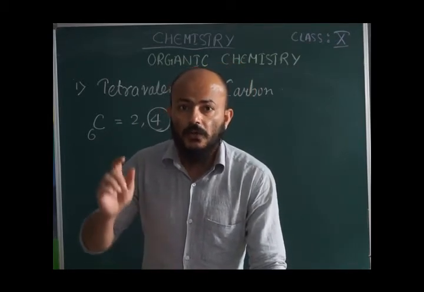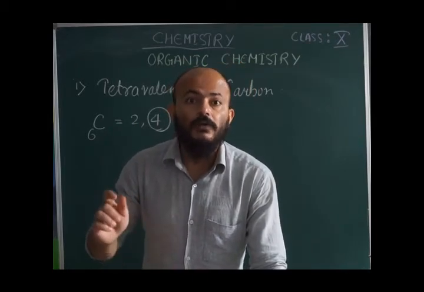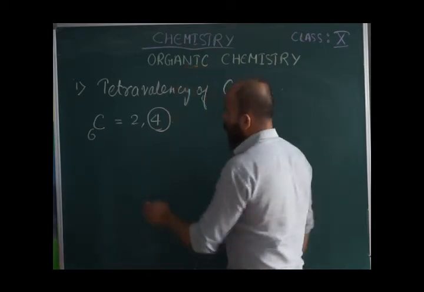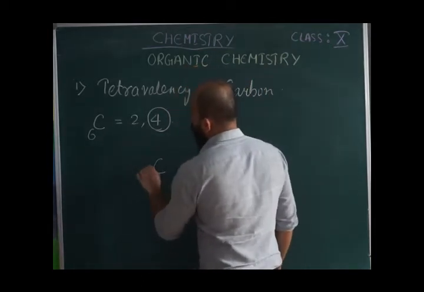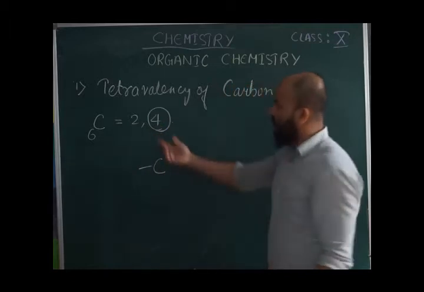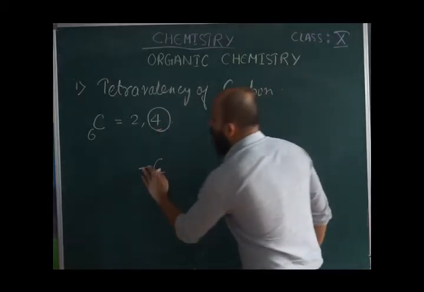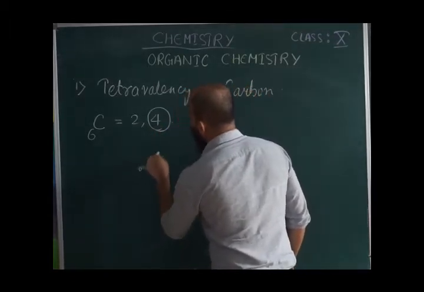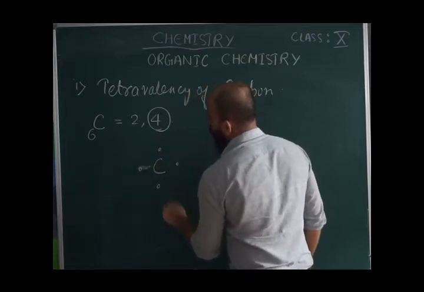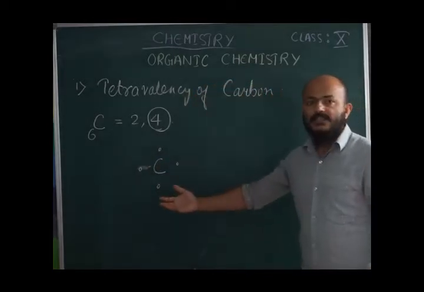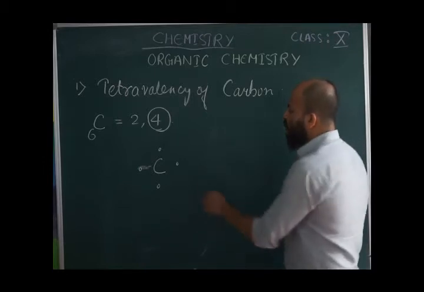That means carbon forms covalent bonds. So from its electronic configuration, carbon has how many electrons in the valency? 1, 2, 3, 4. So to complete the octet, it needs how many more electrons?